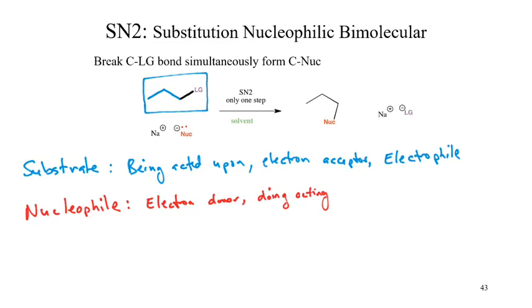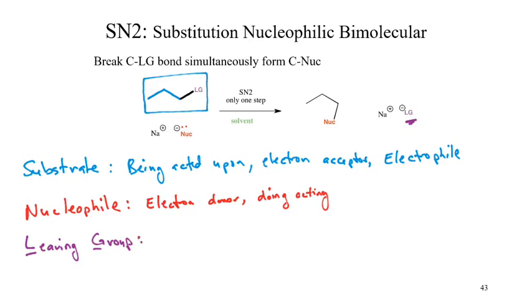Next pieces, we've got that Lg up there. That Lg stands for leaving group. It's kind of weird to label the leaving group because it's connected to the substrate in the reactant, and then on the product side it's not connected anymore. So that's where it's easier to see what the leaving group was, because it's fully disconnected.